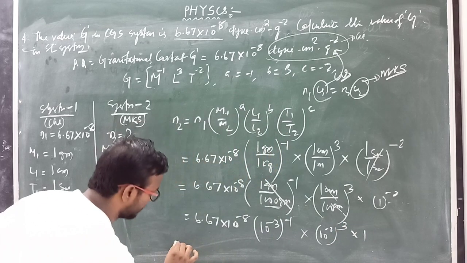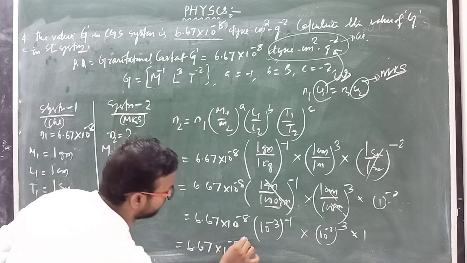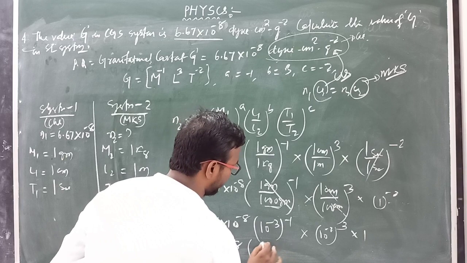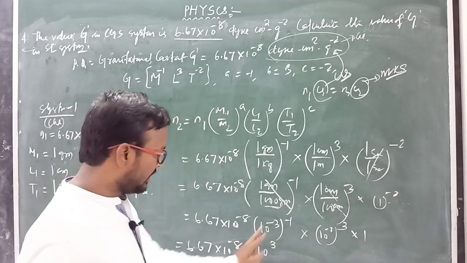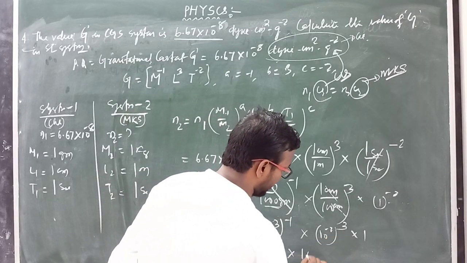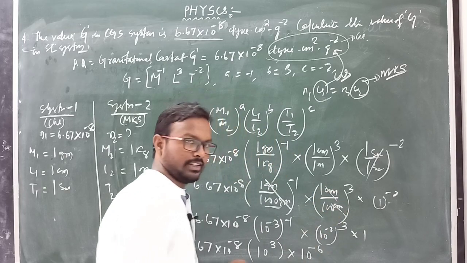Now solve this relation. So 6.67 into 10 to the power minus 8, and if you multiply, then 10 to the power plus 3, since minus minus is plus, and 10 to the power 2 three times gives 10 to the power minus 6.